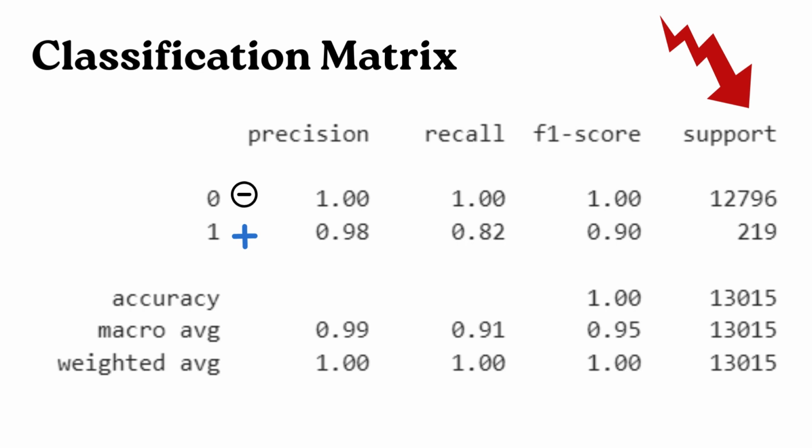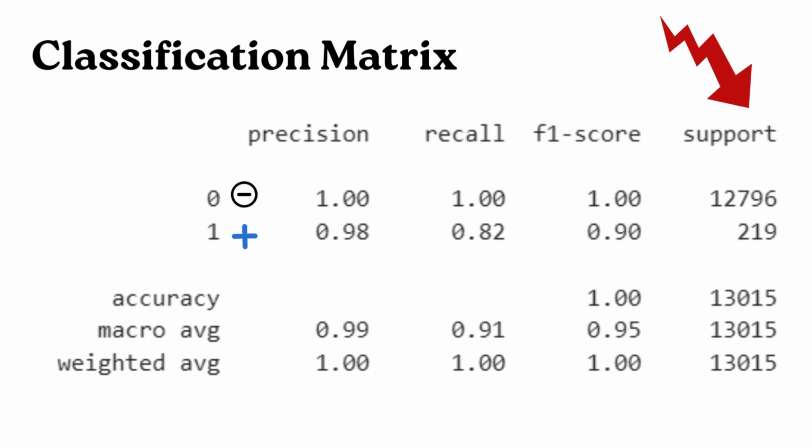So if you understand this support, we are already able to read this classification report. What does it mean? The first row is telling us about the negative cases. Precision for negative cases is 1, recall for negative is also 1, so F1 score is also 1.